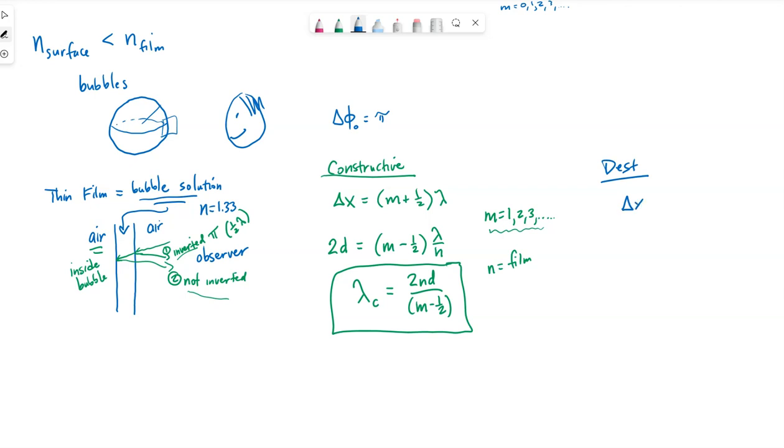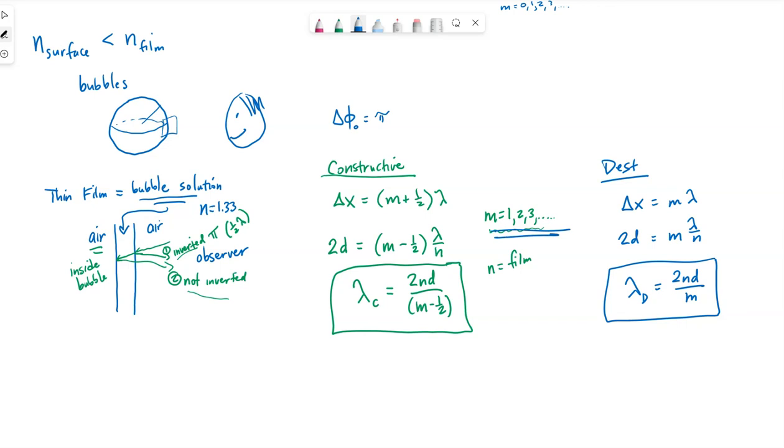Similarly, for the destructive equation, we end up with the destructive wavelengths being 2nd over m. In both situations, m is equal to 1 or 2 or 3. It's a whole number. And that just means there are multiple wavelengths that can constructively or destructively interfere.